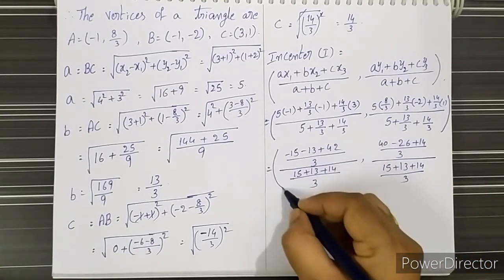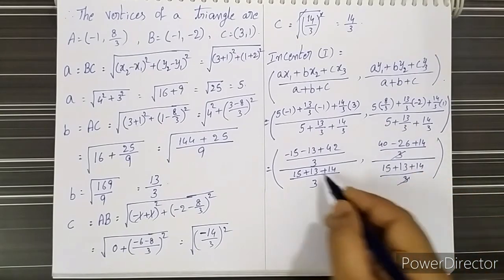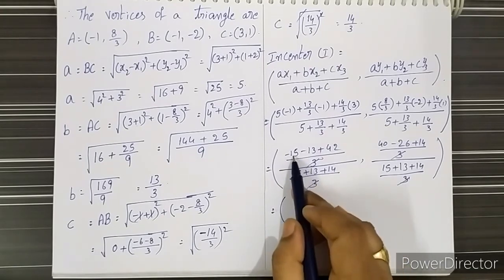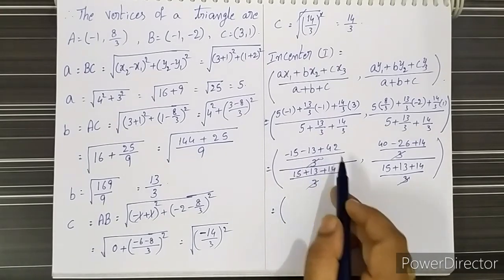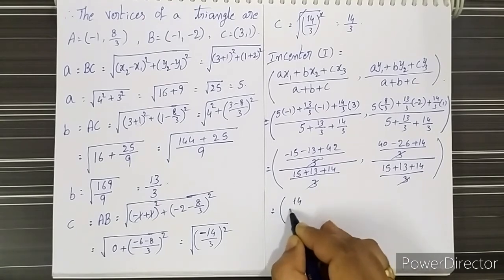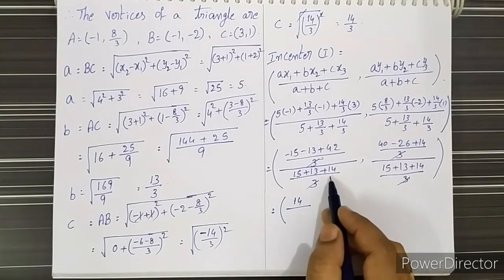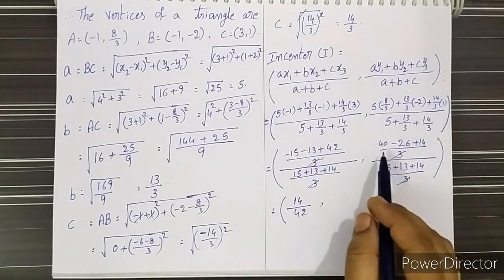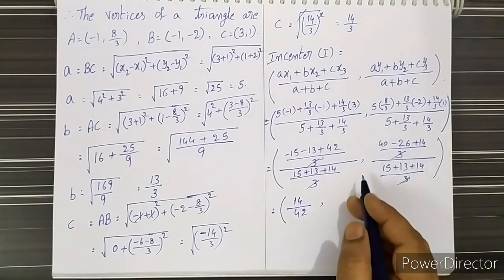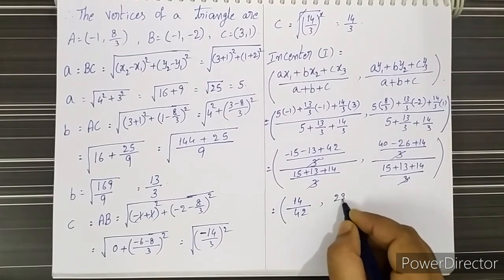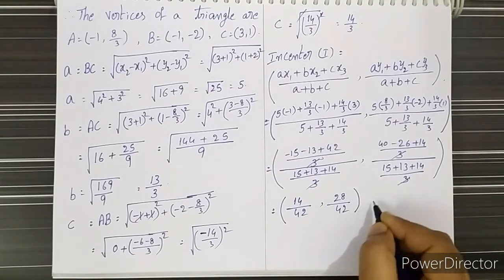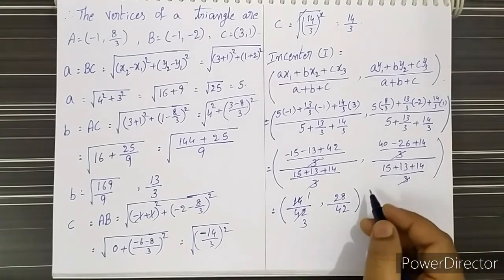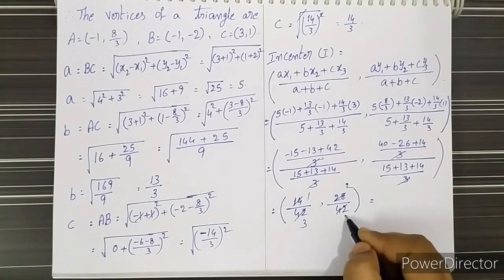Here also 3 and 3 get cancelled, that is equal to minus 15 minus 13 plus 42. The calculation part is 15 plus 13 plus 14 equal to 42, comma, 40 minus 26 plus 14 equal to 28 by 42, equal to 14 ones are 14, 14 threes are 42, 14 twos are 28.